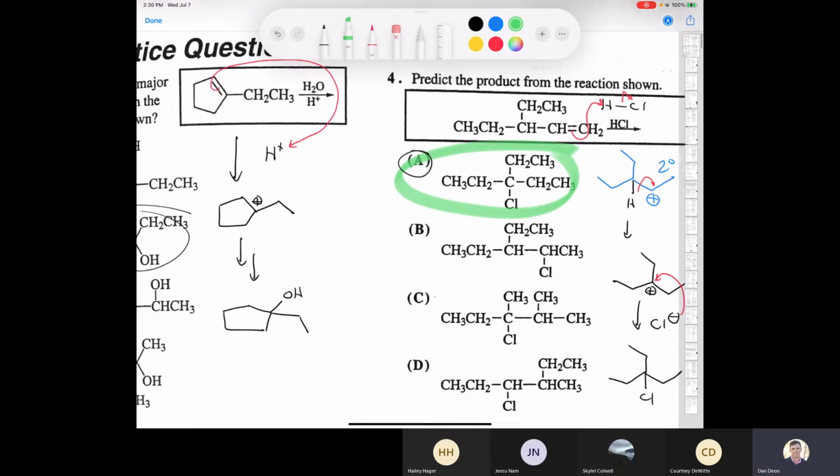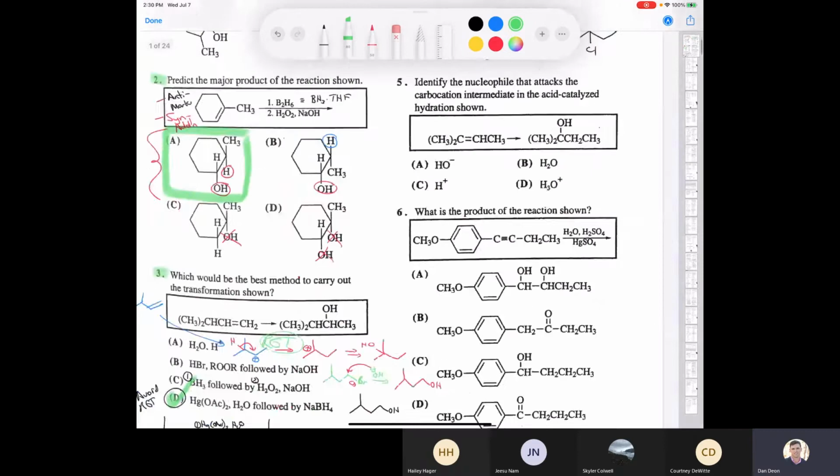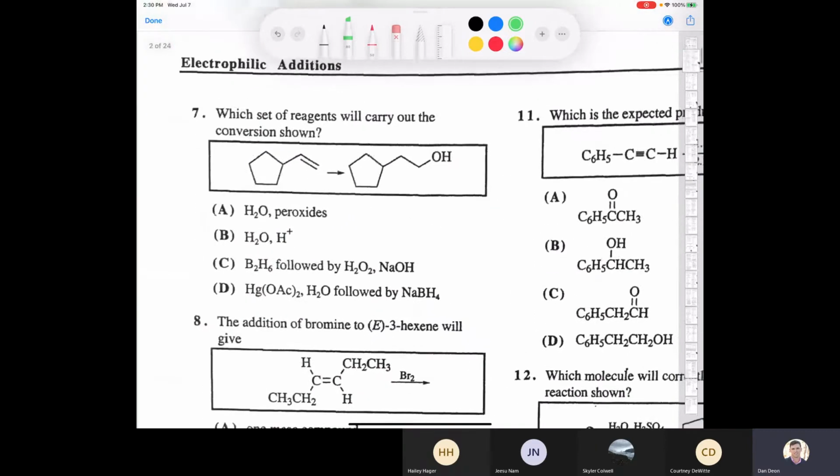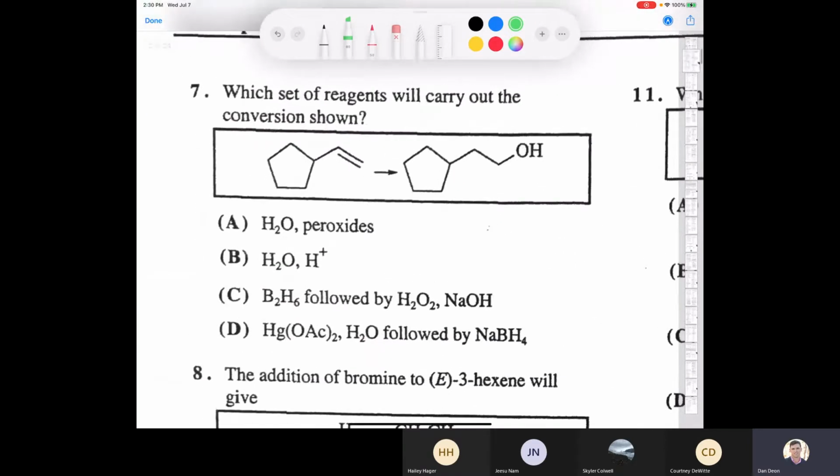I'm going to ask you guys about question number 7. Let me find it here. Question number 7. Could anybody tell me what would be the best set of reaction conditions to carry out this reaction? Yeah, I agree. This is an anti-Markovnikov addition of water across a double bond.